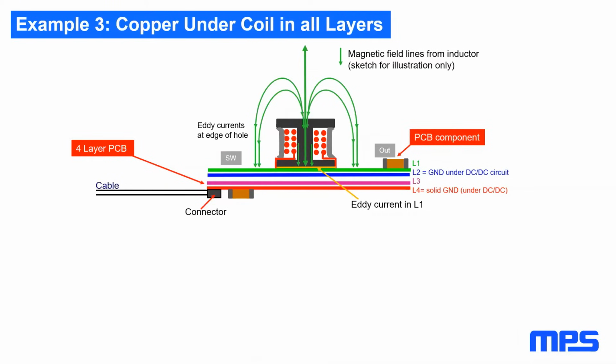No AC magnetic fields anymore from the coil. This is for system cleanness the best approach, but sometimes other reasons prevent this. So whenever we can, we should at least have solid ground in layer 2 under the inductor to make sure that layers 3 and 4 are not disturbed by the inductor magnetic AC fields.